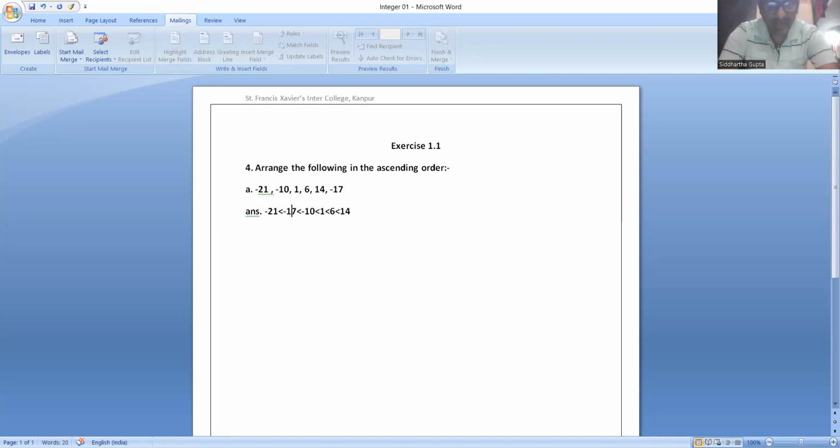So now how many numbers do we have? Initially we have 6, and now we have 6. Now this is arranged. So minus 21 is the smallest, and 14 is the biggest number.